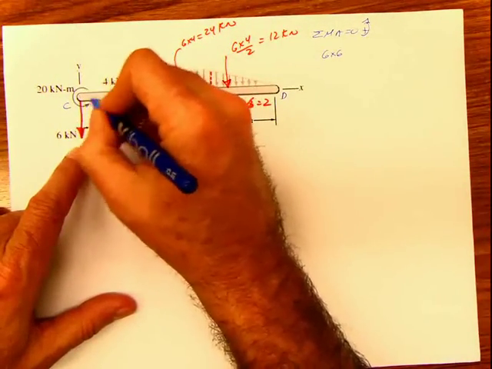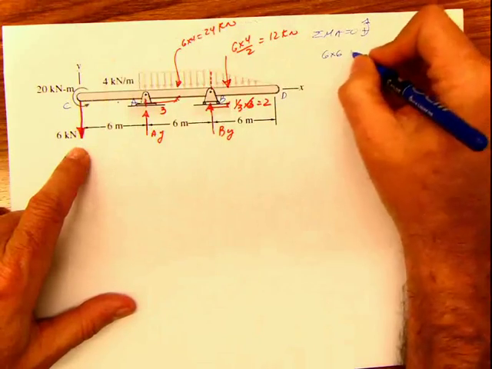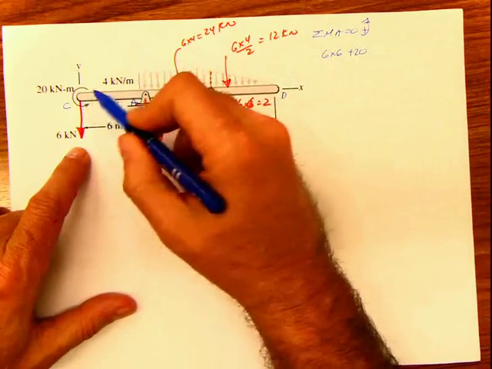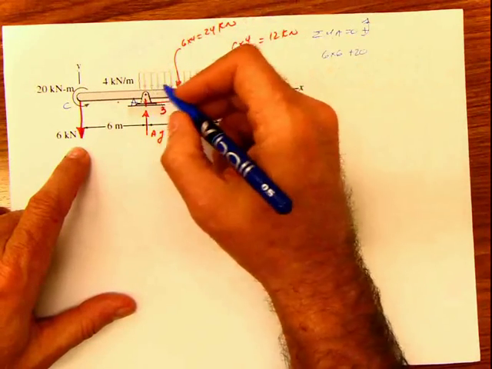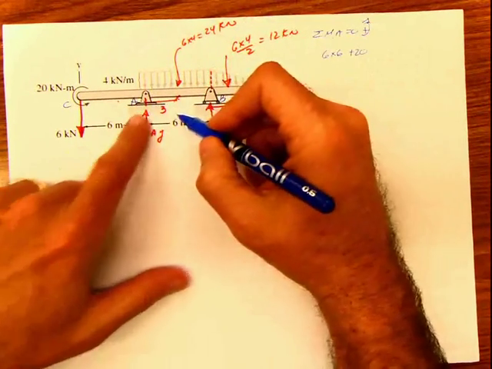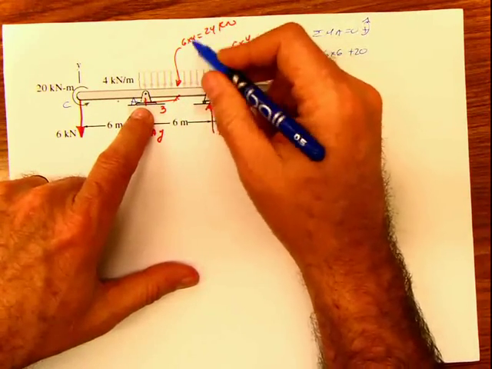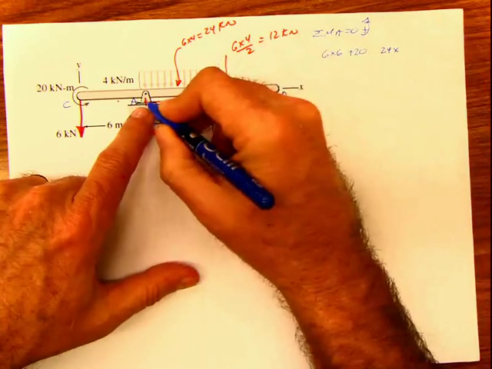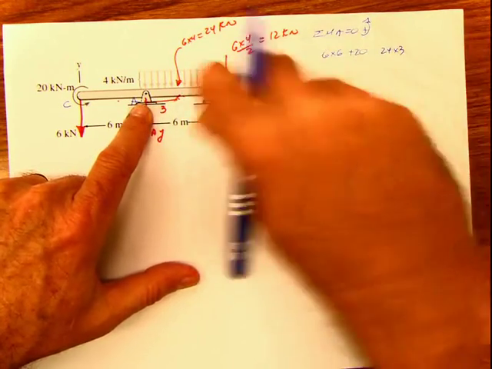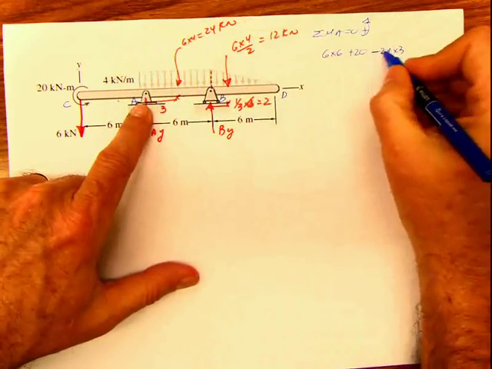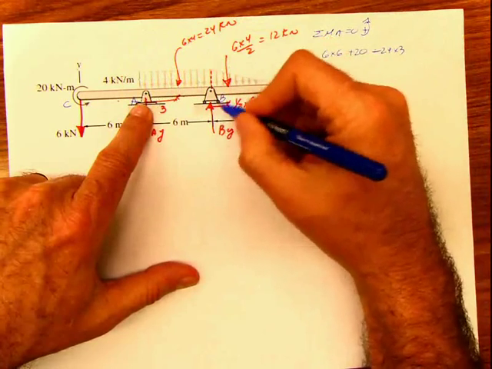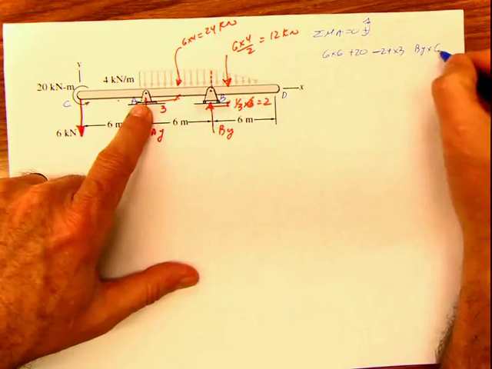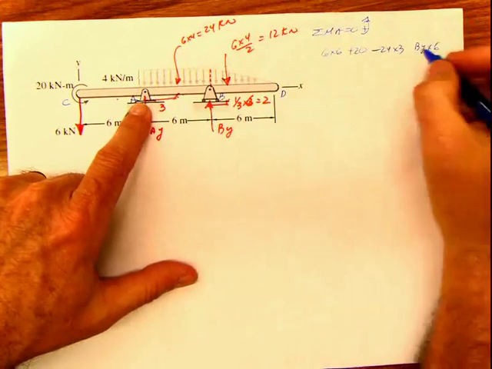I have a concentrated moment here, which is 20. Remember, one of the errors that people make is saying 20 times 6. No, this is a moment, it's already created. Now we go to this side, and to this side we have this force, which is the 24 force that we calculated, times the location, which is 3, and it's acting in this direction, which is negative also. And then I have this other force, which is By, times the distance, which is 6, and it's acting positive.